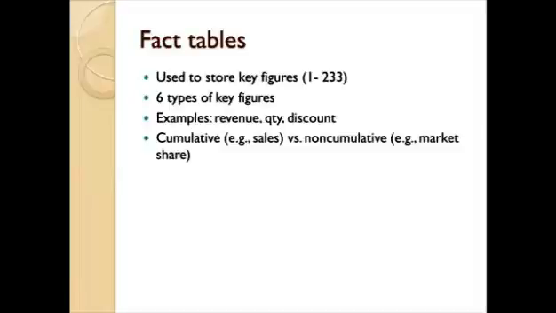Okay, so in each cube we can keep track of a lot of important KPIs, if you will. Okay, up to 233, and we've talked about key figures in a separate chapter. You can have cumulative versus non-cumulative, for instance, and there are also 6 different types of key figures.